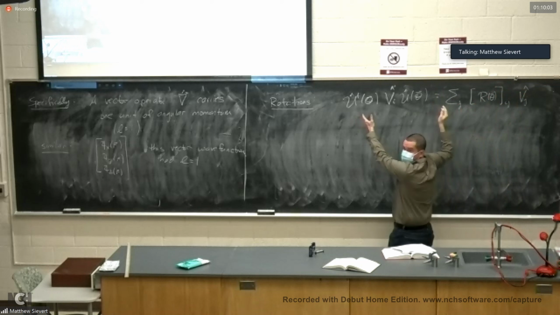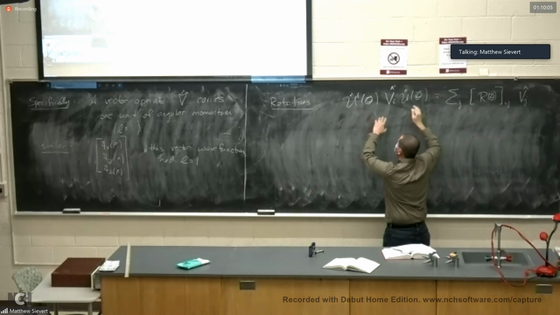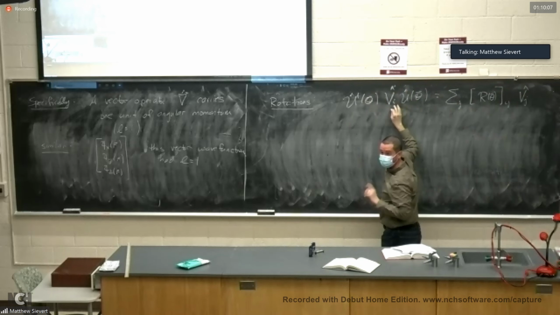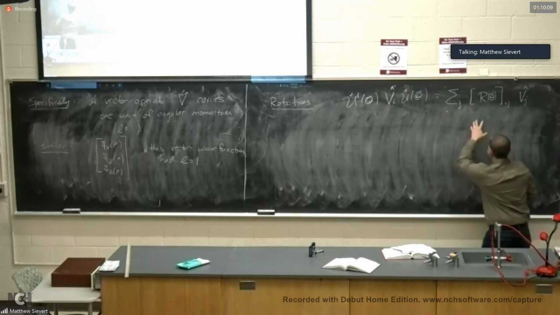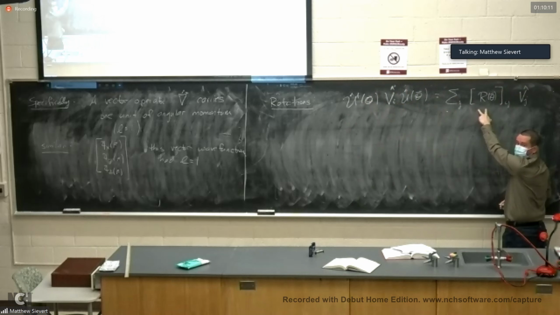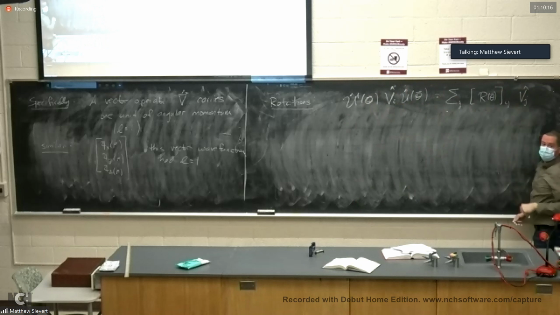On the left-hand side, this is the unitary quantum transformation of how the operator rotates. On the right-hand side, this is the regular rotation matrix, like a 3x3 matrix with cosines and sines in it, that mixes up the 3 components of V.